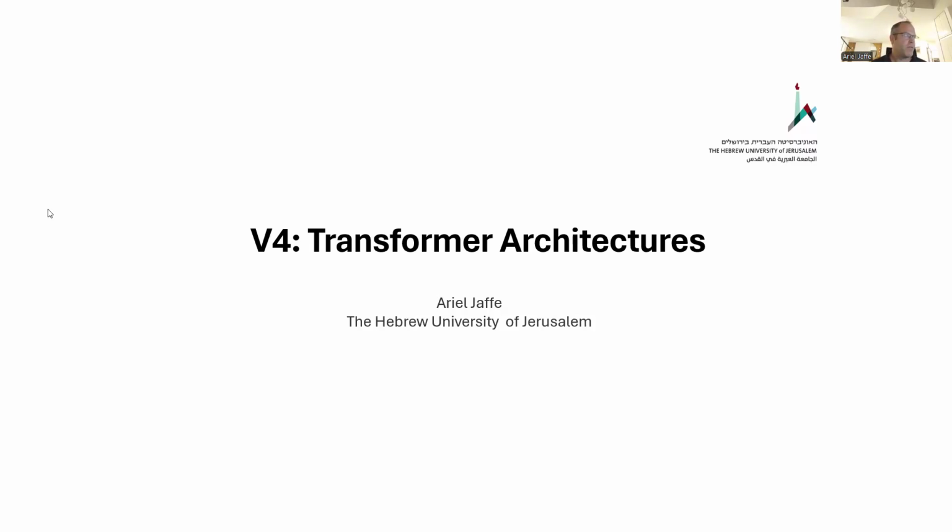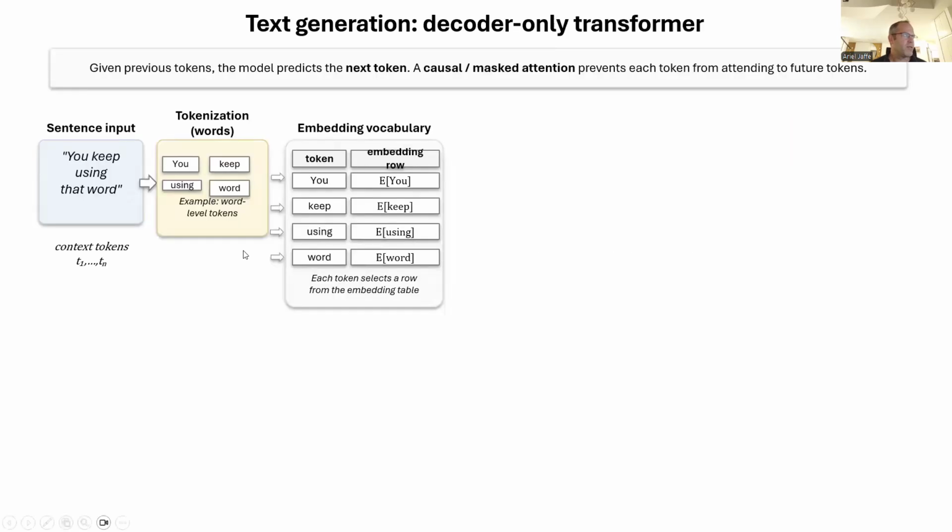Now, the first is for text. Let's consider that the input consists of sentences or paragraphs, and we have a short sentence. The sentence, as we already discussed, is broken up into tokens. As we said in this video, a token is a word; in general, it's not necessarily so.